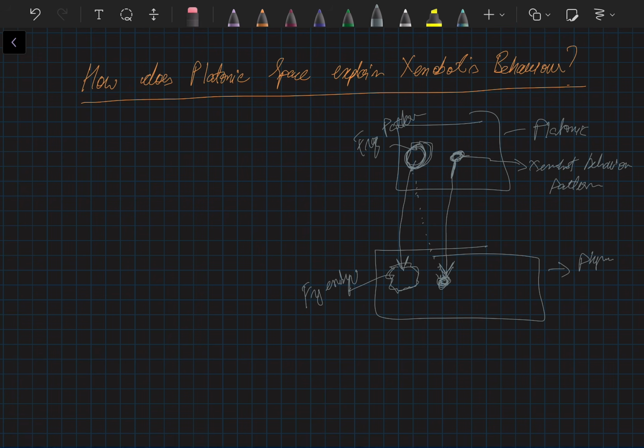So the Platonic space framework explains the behavior of xenobots without using any evolutionary history or gene editing. That's because now it is no longer tuned to the frog pattern, and that's why it doesn't behave as a frog, nor does it die down. Instead, it tunes into a different kind of pattern, the xenobot behavior pattern, and it starts behaving like a xenobot.